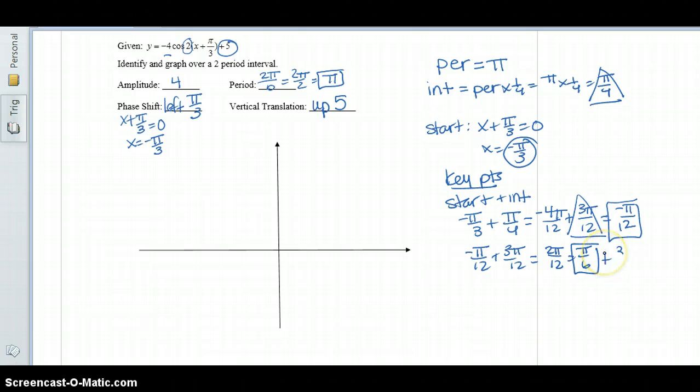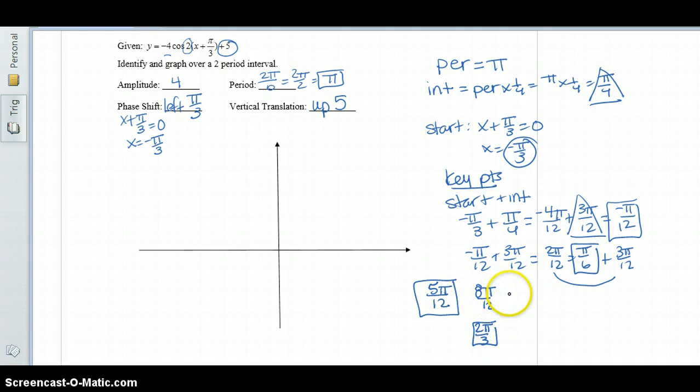So we're just going to keep adding that 3 pi over 12. And I'm going to be adding it to the one with the common denominator. So the next one would be 5 pi over 12. And then add 3 pi over 12. That gives me 8 pi over 12, which reduces to 2 pi over 3.